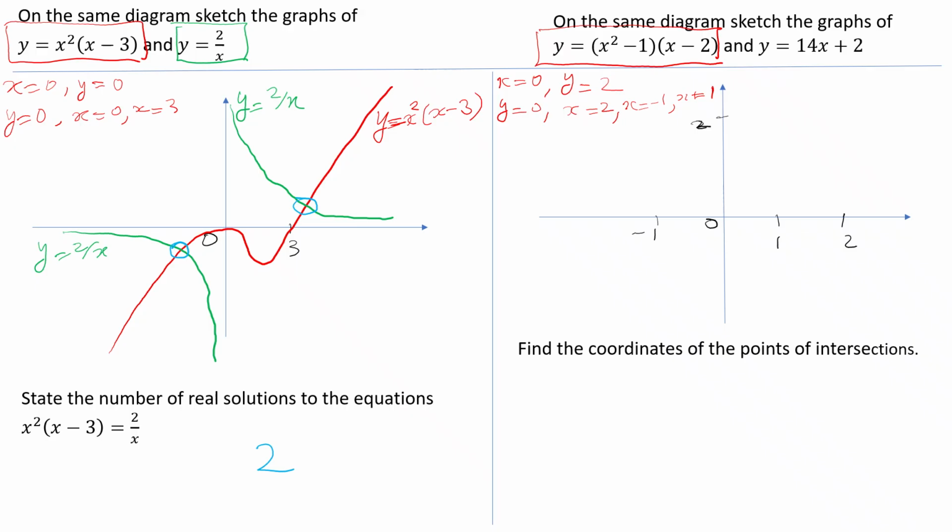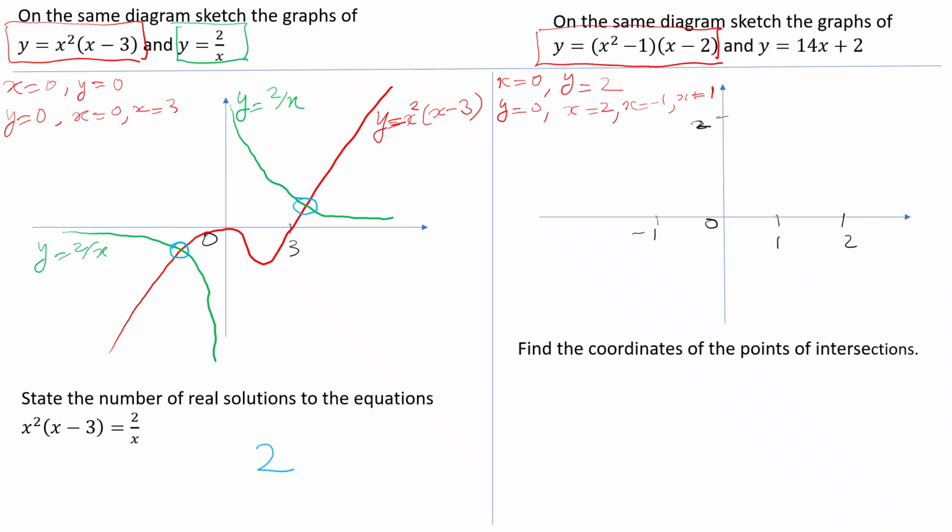Okay, now sketch the graph. So this is a positive x cubic graph. So the graph starts from the bottom left and cuts the y-axis at y equals 2.